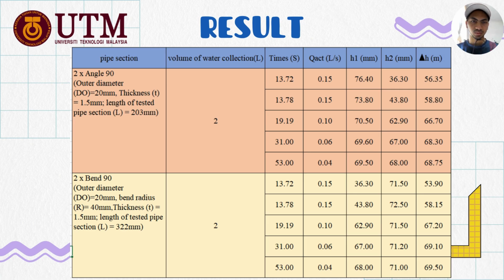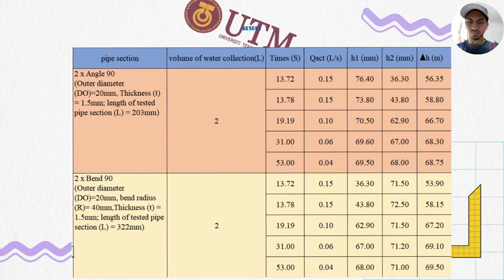And we also have the pressure for the water flow in each pipe section for the 5 readings.